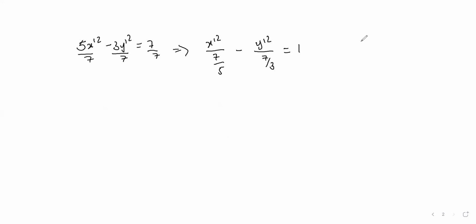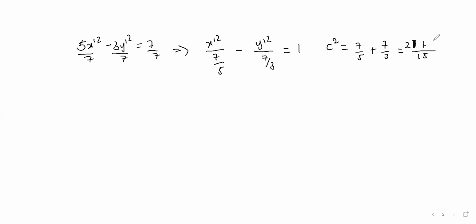So we have that there, and then we find C. So C squared is 7 over 5 plus 7 over 3, which is 15 down. 3 by 7, that's 21.